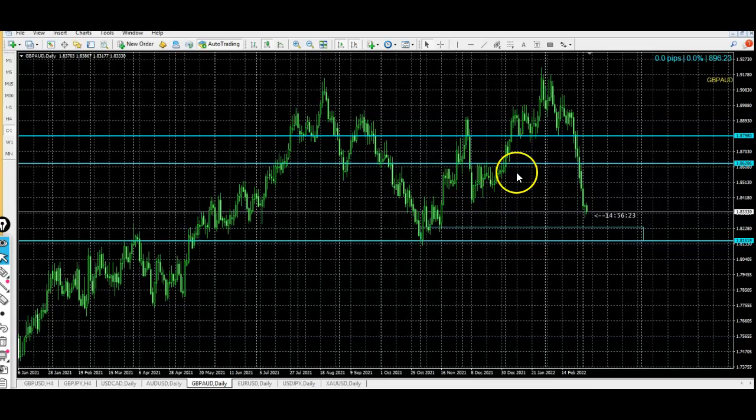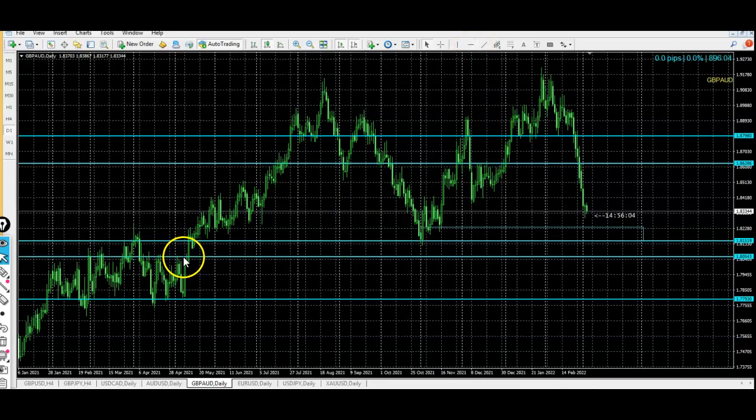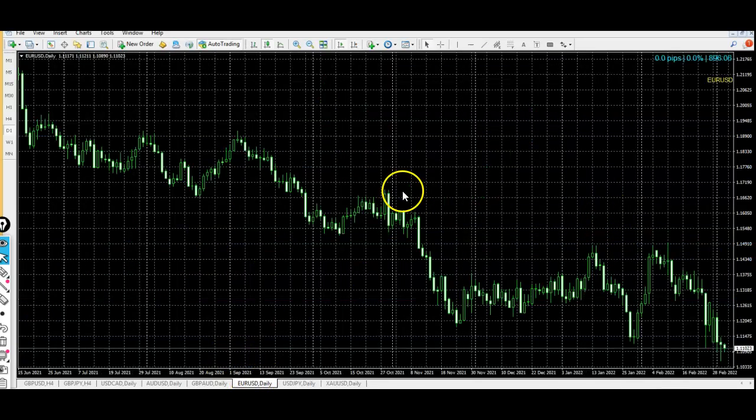Up here where it had some issues moving up could be another location. If it falls through here, the next place will be down here. The next place you can expect some good reaction. There's a minor one up here, just at these highs. There's a minor level there. So let's watch these levels to see what will happen.